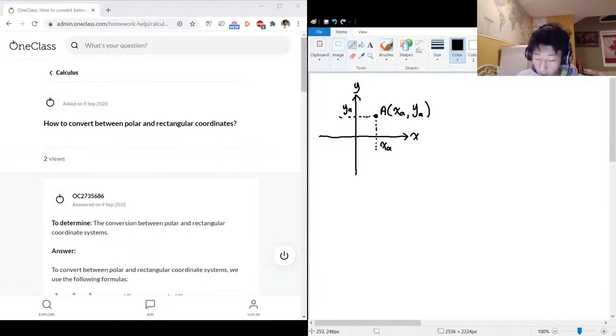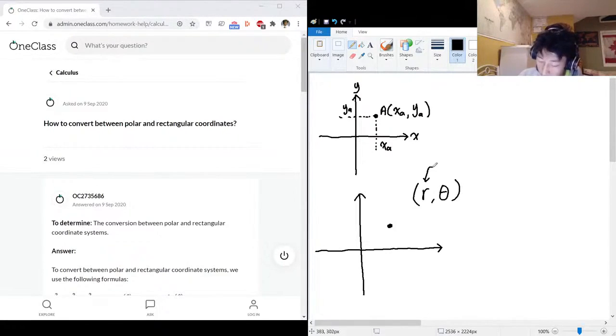Now, polar coordinates are a little bit different. So we can draw out our same axes here, but we don't necessarily want to label them x and y. Let's say we have point A here. Instead of x and y coordinates, we have our points defined by an r value and a theta value.